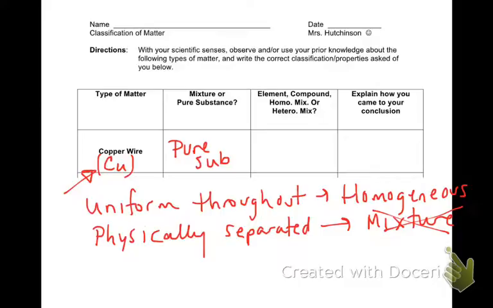Can it be chemically broken down? Meaning, is this found on the periodic table by itself, or is it made up of multiple atoms on the periodic table? Well, it's made up of simply copper, therefore it is an element. And explain how we came to our conclusion: we found it on the periodic table.